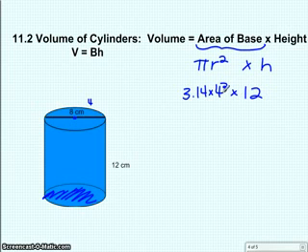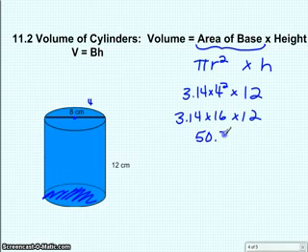4 squared is 4 times 4, so we have 3.14 times 16 times 12, and 3.14 times 16 is going to give me 50.24.